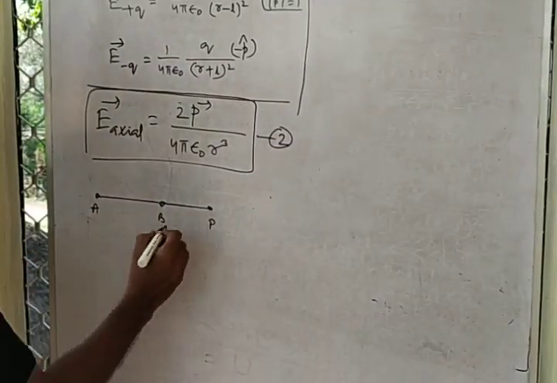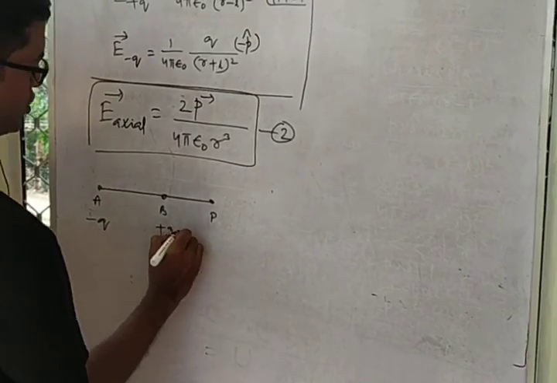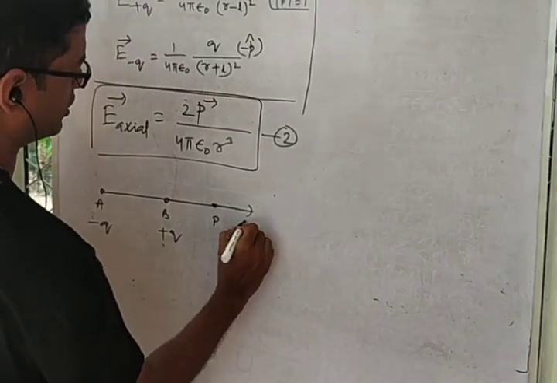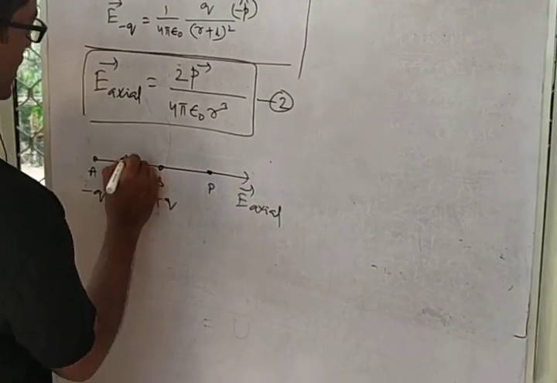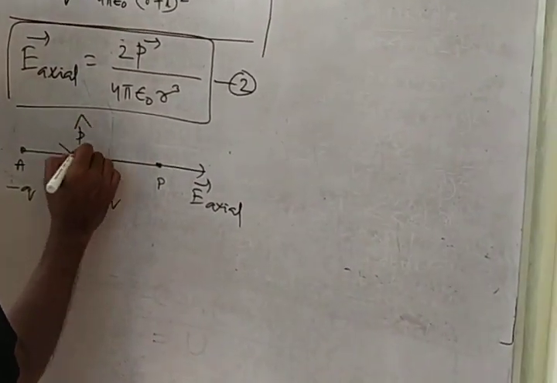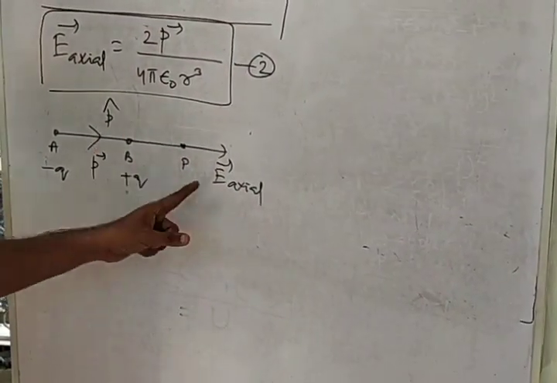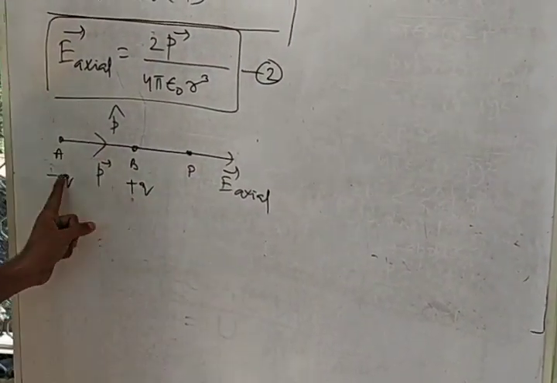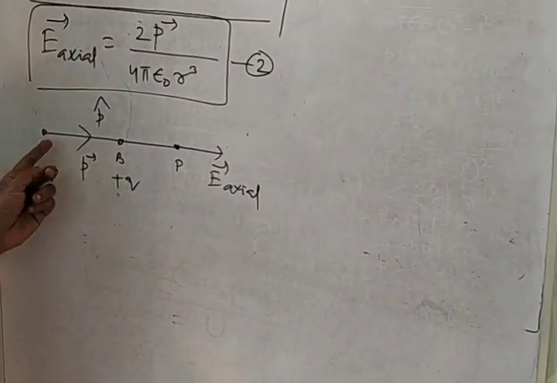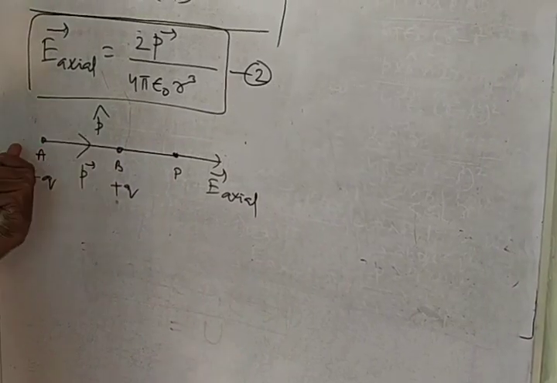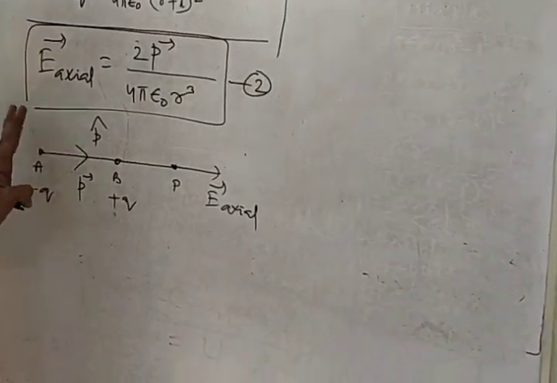The direction of electric field intensity at P, here I have taken minus Q charge, here plus Q charge, is along this direction, E axial, because this is also the direction of p cap or direction of p vector. So basically the electric field intensity due to a dipole at any point on its axial line is directed along the same axis, along the direction of the electric dipole moment vector. So I think you must be clear with this.